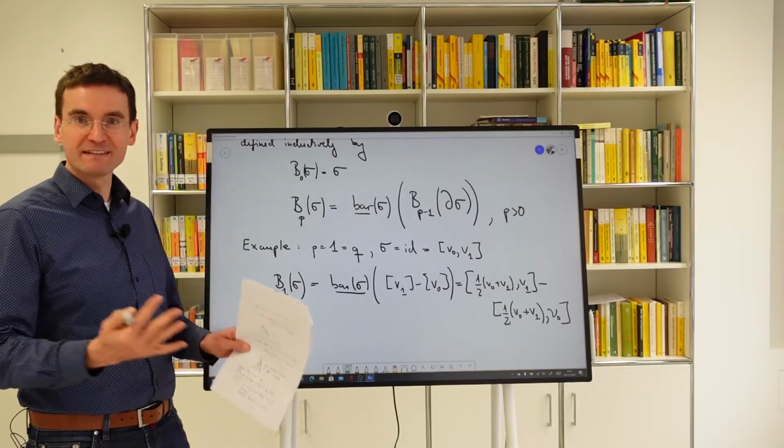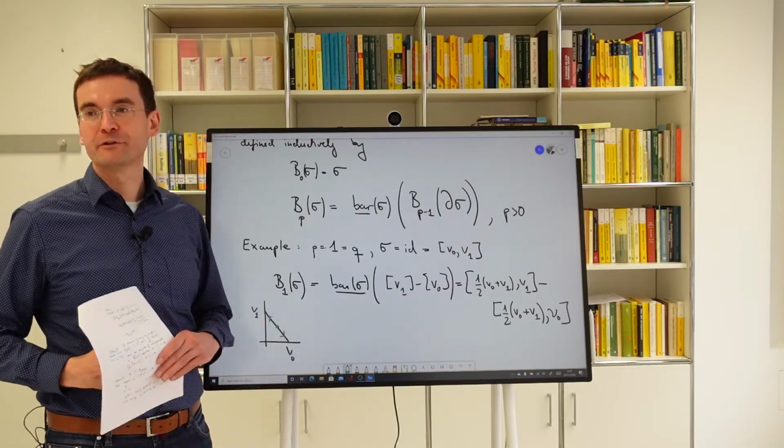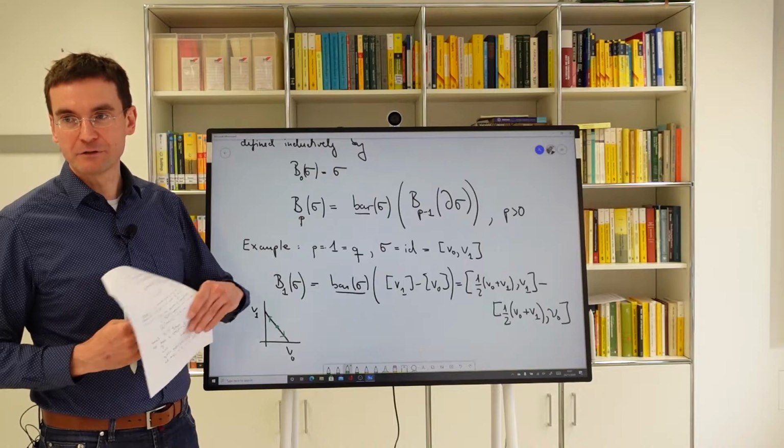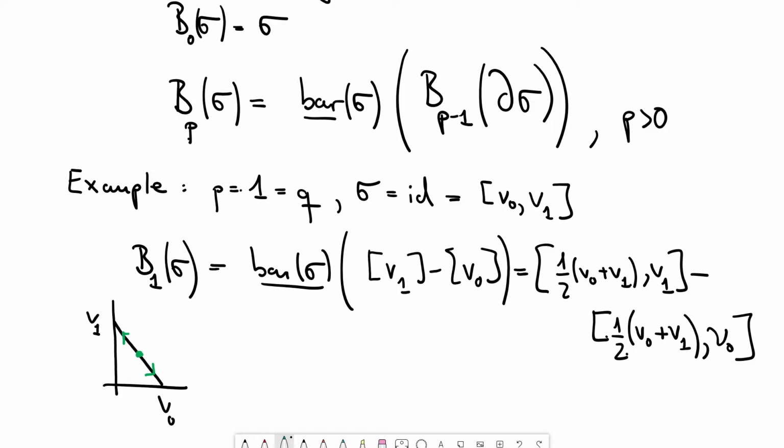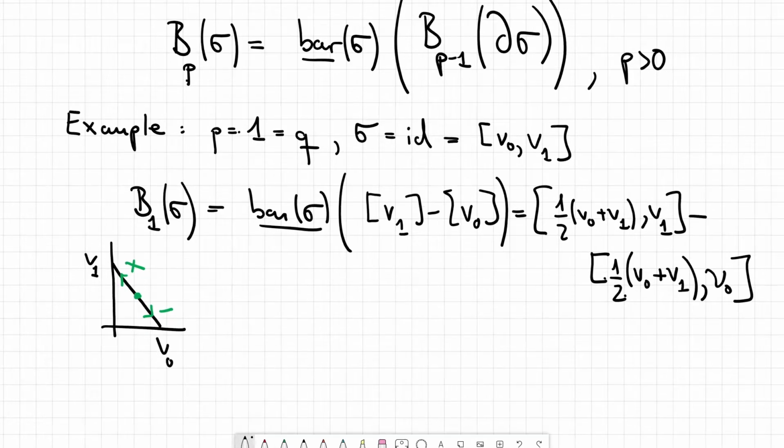It's a map from the standard simplex, and the arrow indicates where the first basis vector goes to. This is how it looks. And the signs are that this gets a minus and this gets a plus. But ignoring signs and orientation, it's just dividing this 1 simplex into halves, what we expect from a subdivision of a 1 simplex.